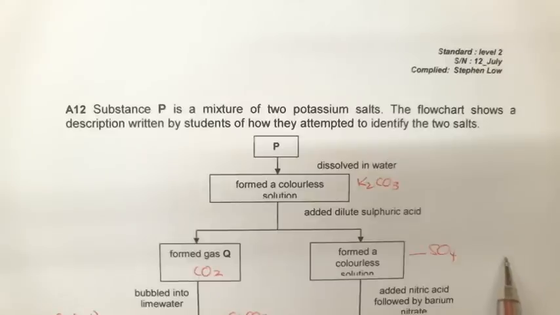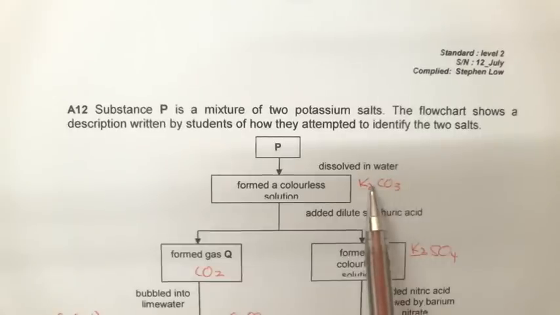The water is not shown here but should be there. What do you think is the name of the salt? Yes, it has to be potassium sulfate, because it is sulfuric acid.